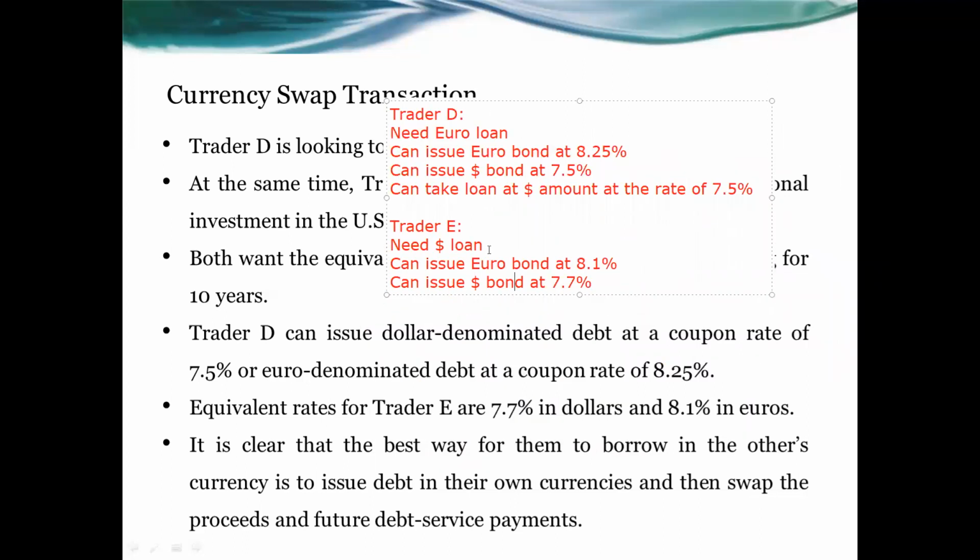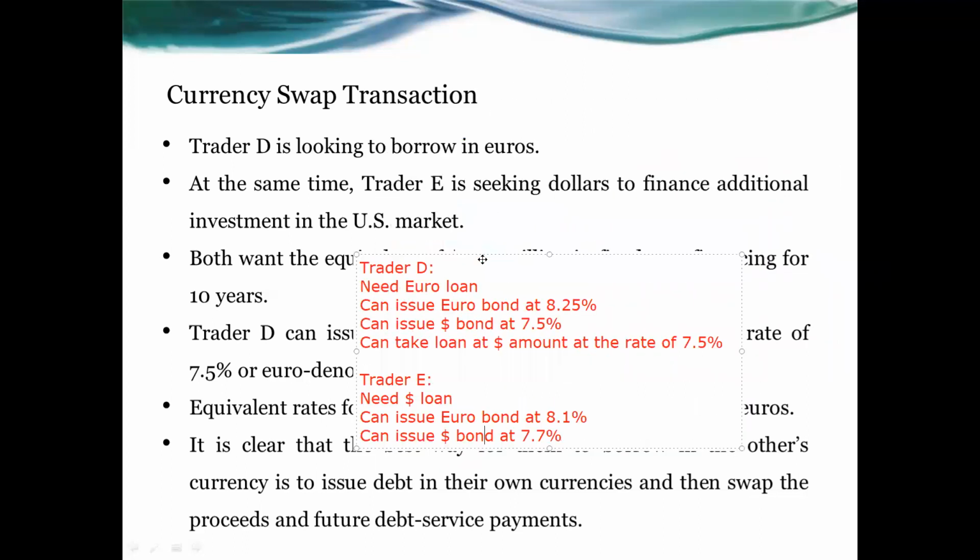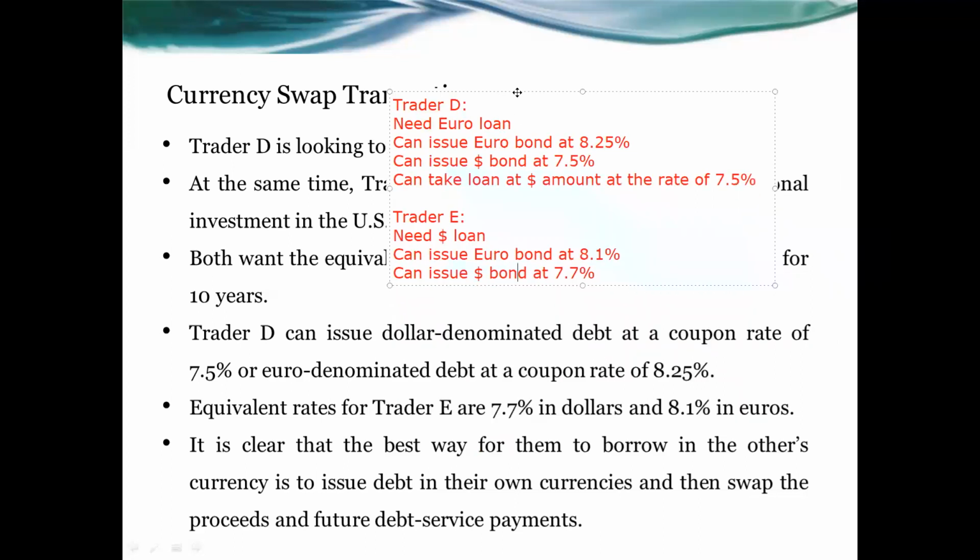That means he wants to invest in the US market. When he issues his dollar bond, he has to pay 7.7% interest. If he issues the euro bond, he has to pay 8.1%.